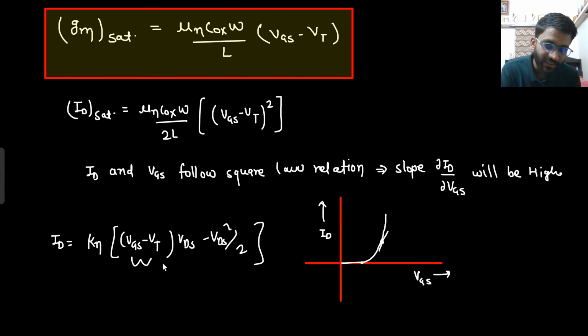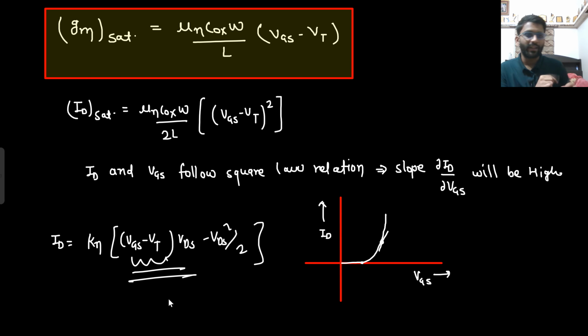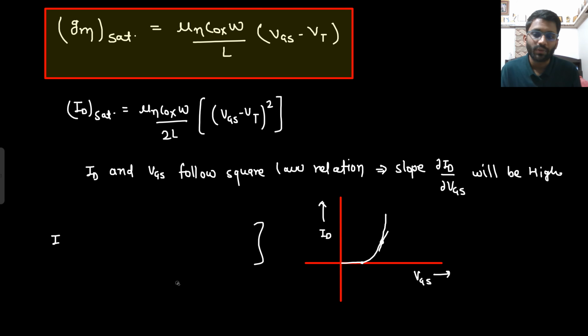So here the relation is not square, the relation is linear. That's why the slope will be lesser. But in case of saturation region, the relation is square. In case of saturation region, the relation is square; in case of triode region, the relation is linear.